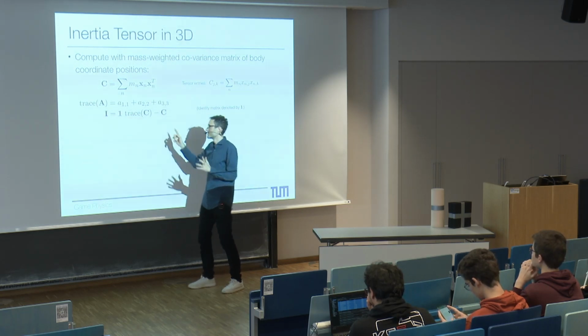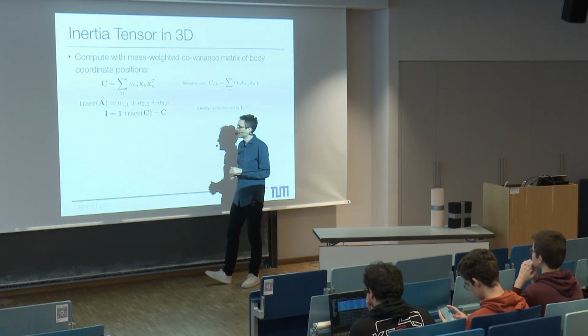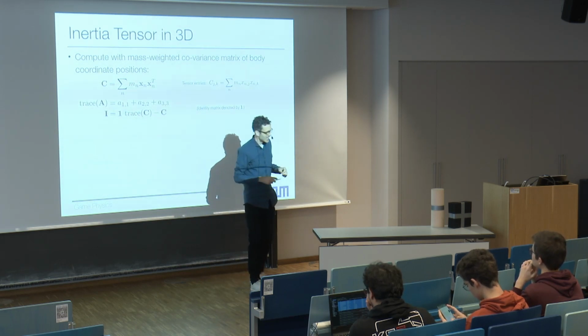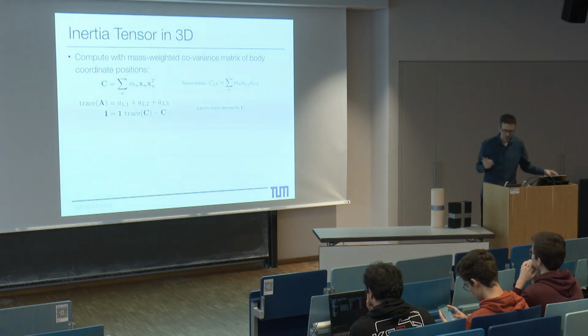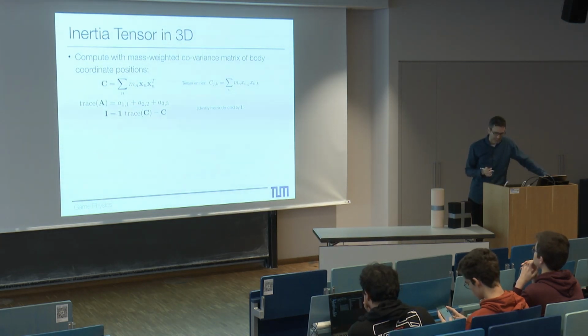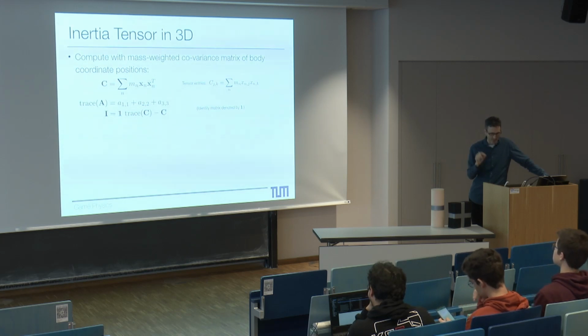Or it's actually the identity minus this original matrix. So it's closely related. I don't want to go through the details of why it's exactly this way. It basically also comes from rotating the different quantities by certain angles around the center of mass of your rigid body.